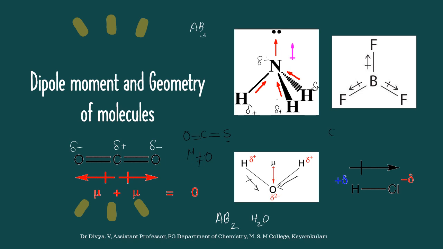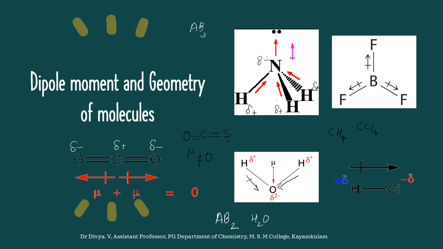Similarly, the CH4 methane molecule. The methane molecule is tetrahedral, but this molecule is also highly symmetrical. CCl4 is also a highly symmetrical molecule.